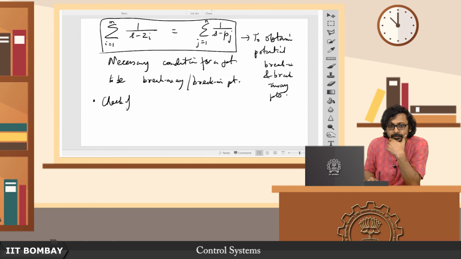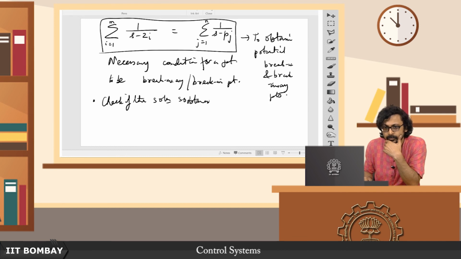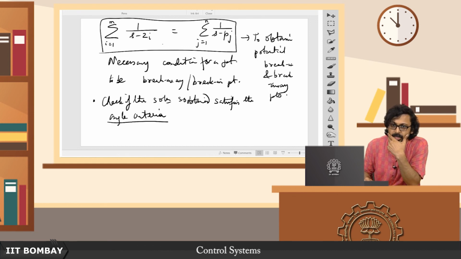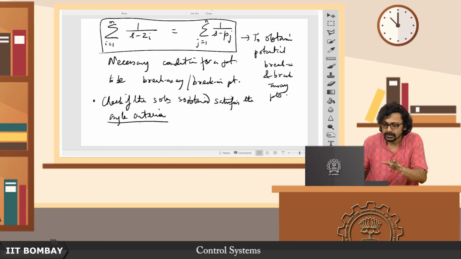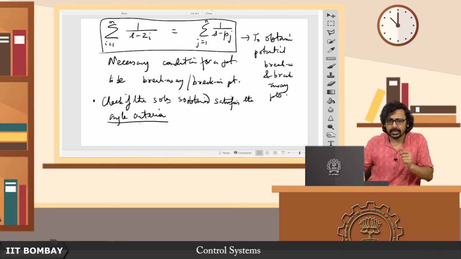Check if the solution so obtained satisfies the angle criteria. Only if it passes through this filter, that it satisfies this equation, it is a root of this equation, and it satisfies the angle criteria, only then you would say, well, yes, this is a potential breakaway or a break-in point. Okay, there's another interpretation of this.